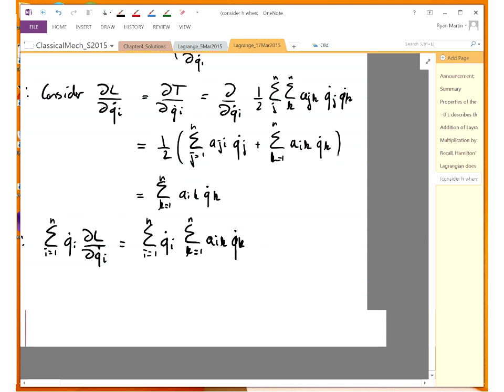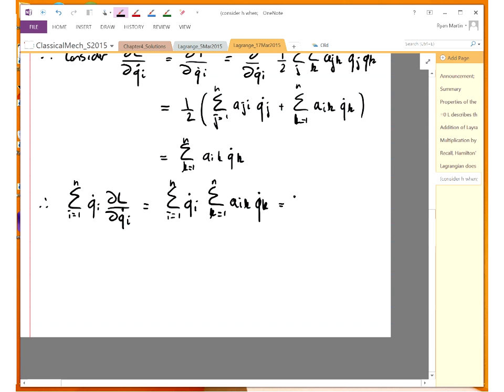If I put the two sums together, I have the sum over i to n, the sum over k to n of A_iK q_i dot q_K dot.